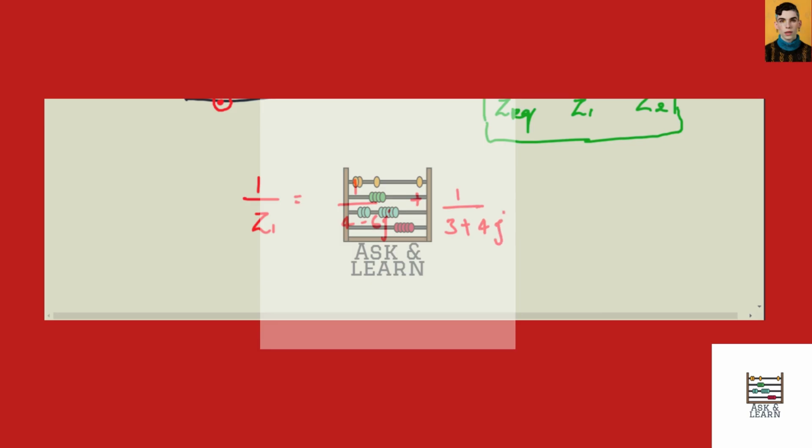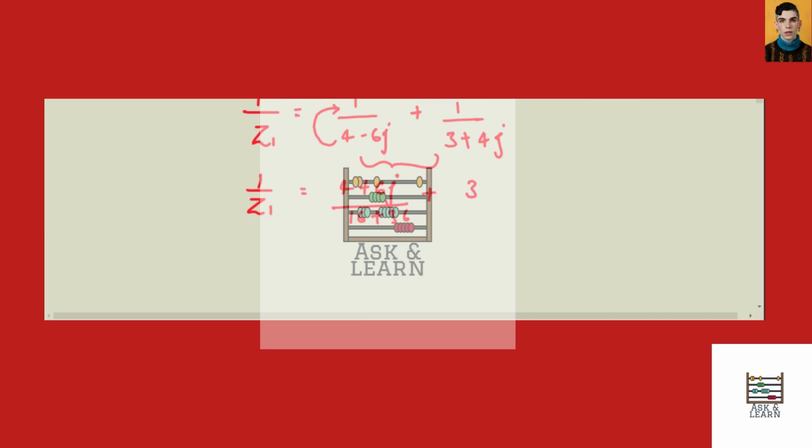Now let's calculate the value of Z1 by simplifying both of these terms. So 1 upon Z1 will become, if I take the conjugate over the numerator, 4 plus 6j upon 16 plus 36, plus 3 minus 4j upon 9 plus 16.